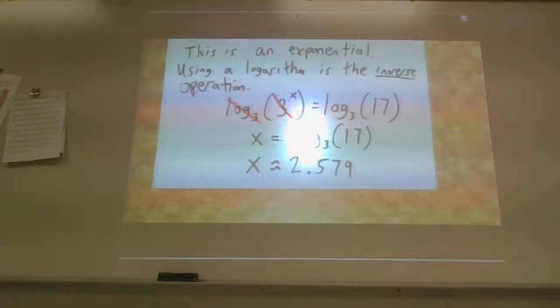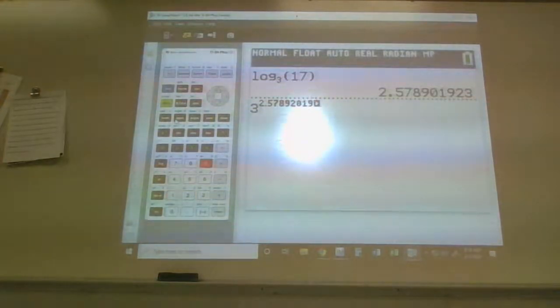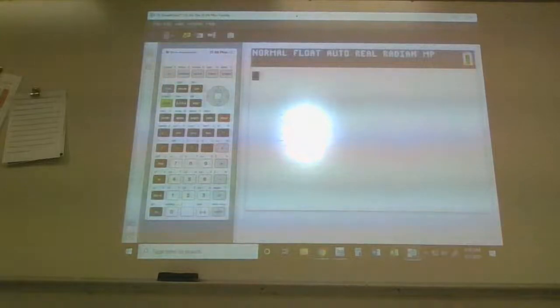Now check this out. 3 to the power of 2.578901923, whatever. 3 to that power gave me something that was approximately 17. Oh, you know what? I totally mistyped the number. Let's try this again.